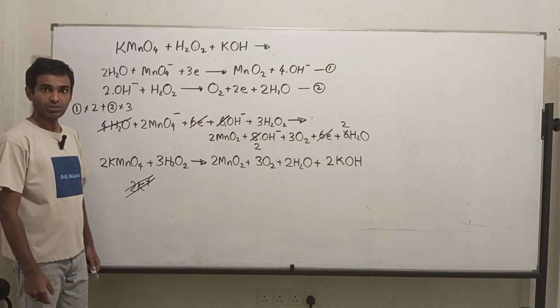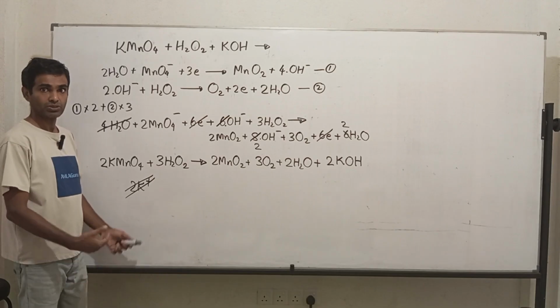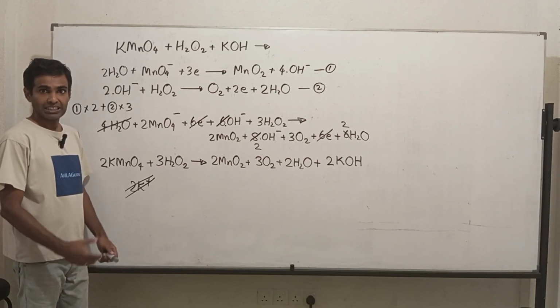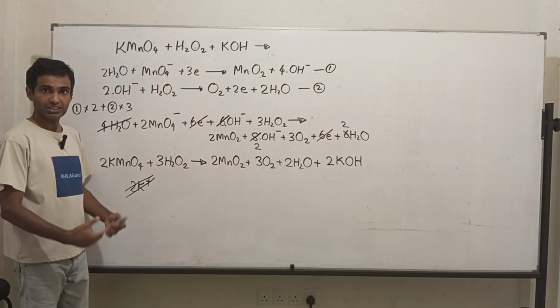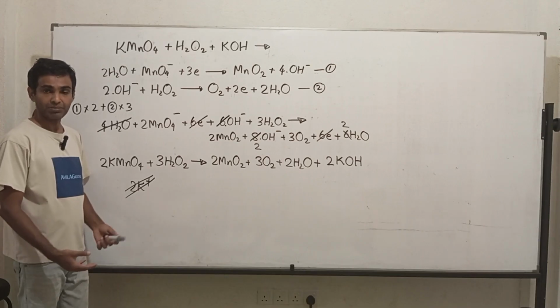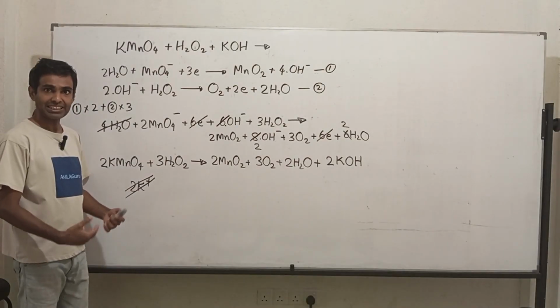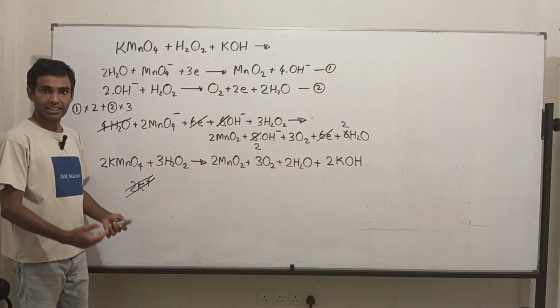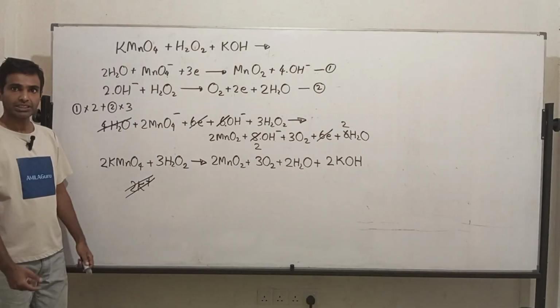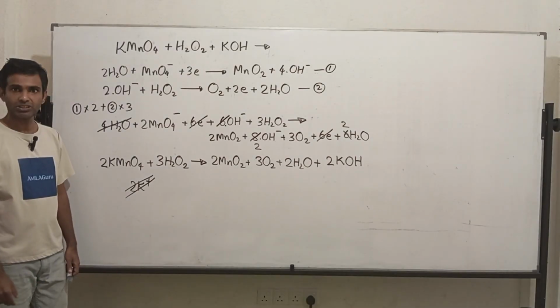So what is the purpose of potassium hydroxide added to the reaction mixture? It keeps the reaction medium basic. Therefore, the acidic reaction doesn't take place. That's how we can explain why potassium hydroxide is in the product side.